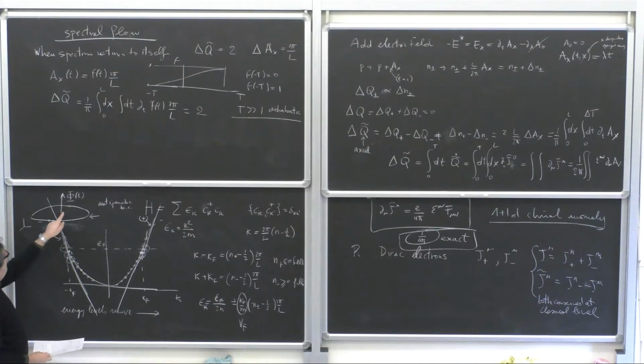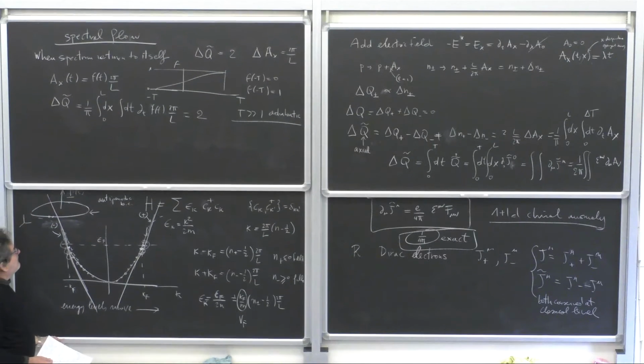You put a magnetic field localized here in the interior, concatenated to the circle.